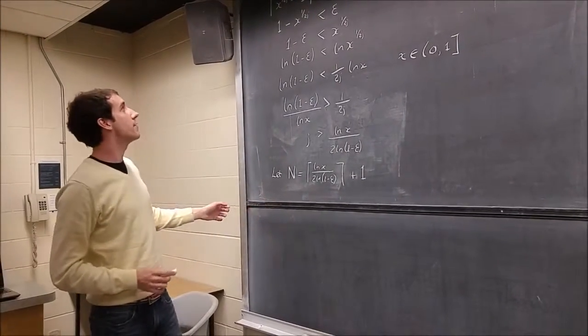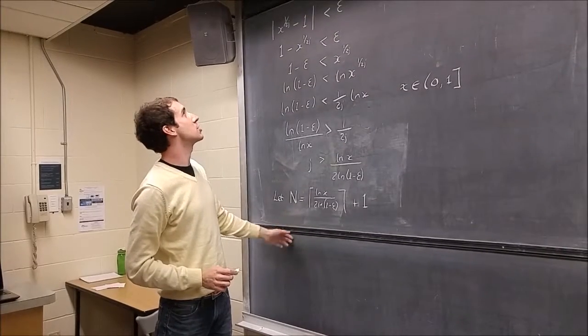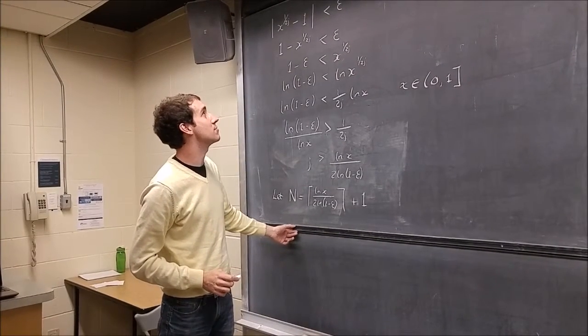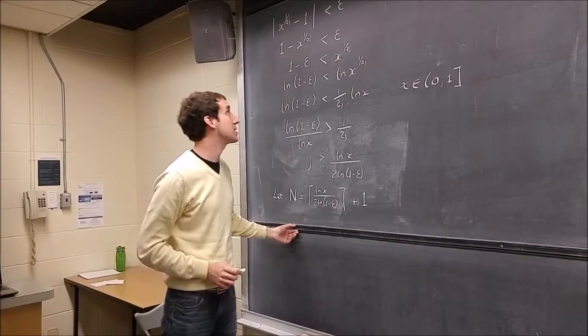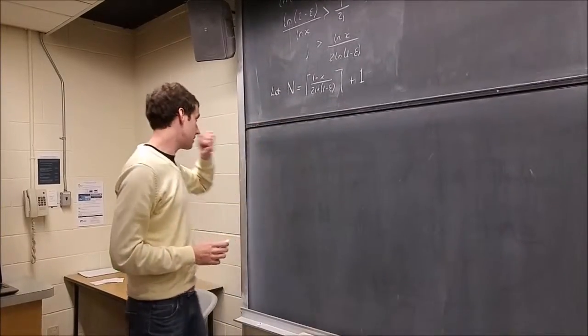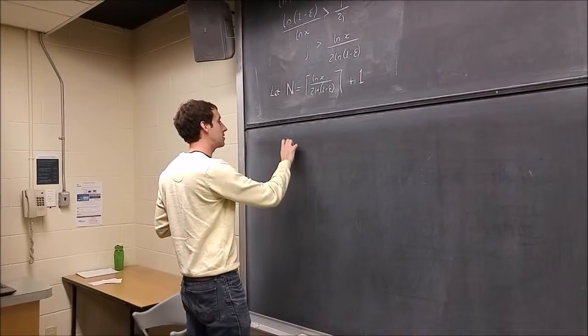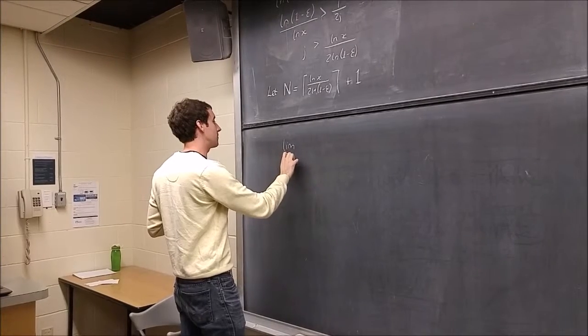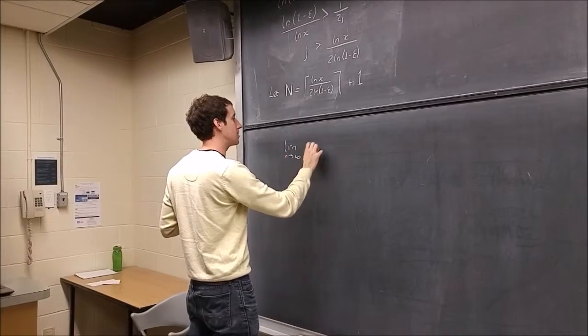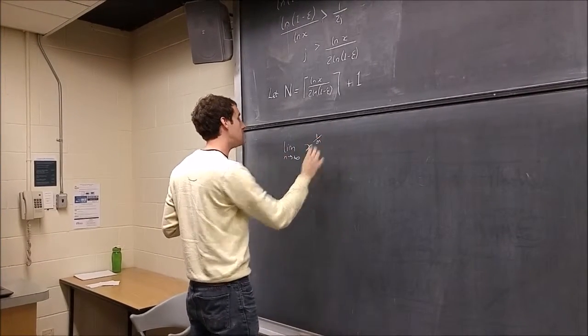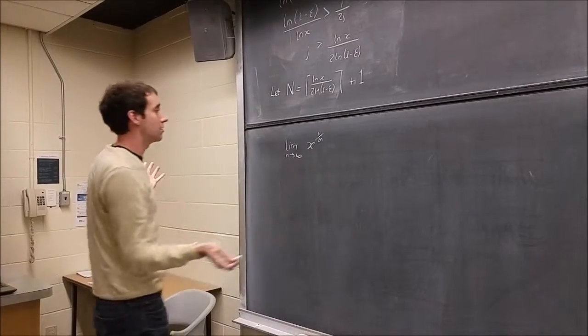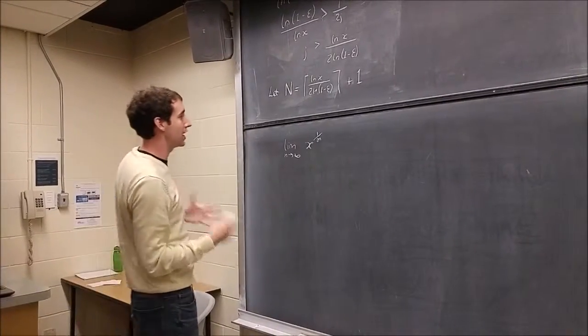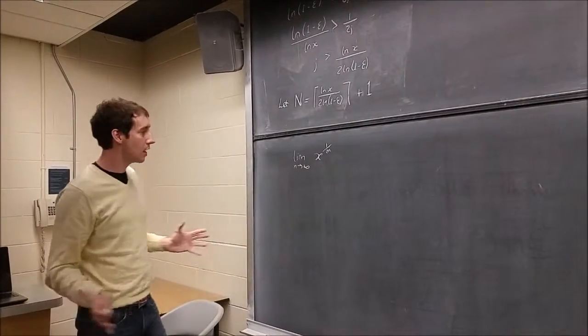Just to clarify for the limit function that we chose, I suppose it's important that we actually justify why we did that explicitly. Consider that I'm just taking the limit as n goes to infinity of x to the 1 over 2 to the n. In the case of 0, again, like we said, it's trivial. 0 to any power will continue to be 0.